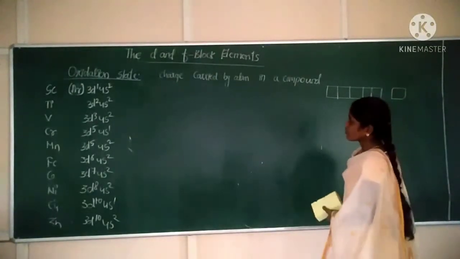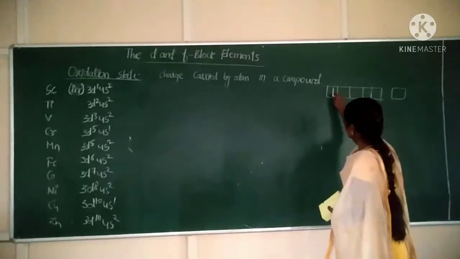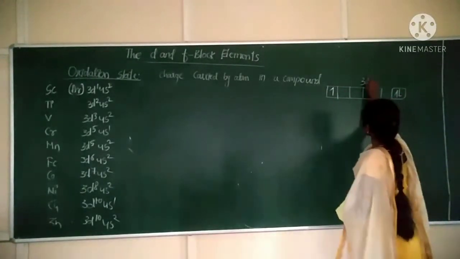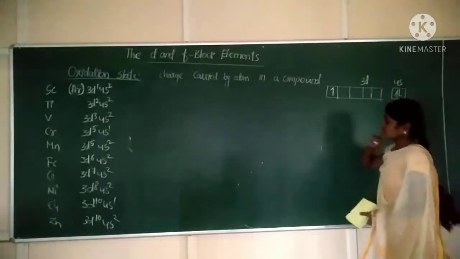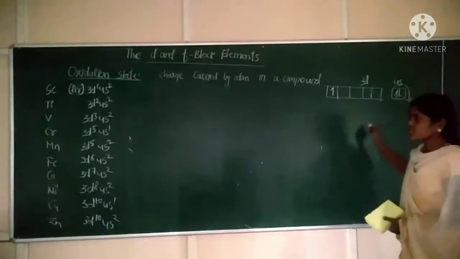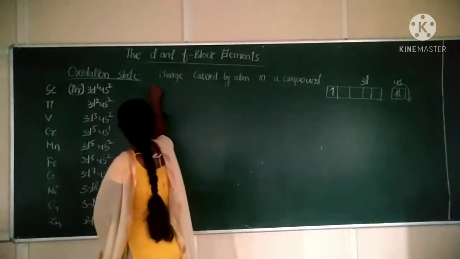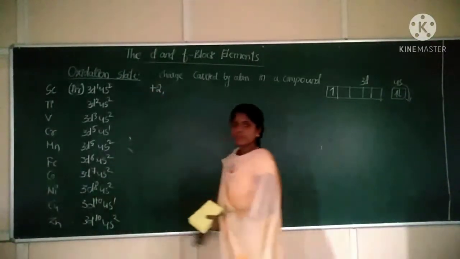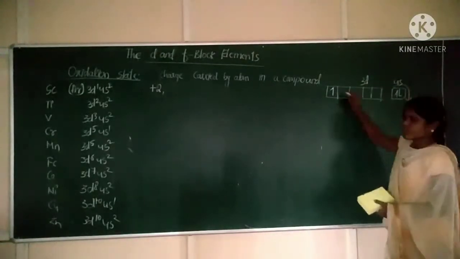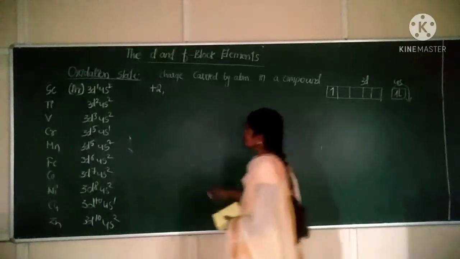In case of scandium, how many electrons are there in the 3D? One electron in the 3D and two electrons in the 4s. Now it can lose either two electrons. If it loses two electrons, it will have an oxidation state of +2. Correct? If it loses the two electrons from 4s and one electron from the 3D, it will have a +3 oxidation state.